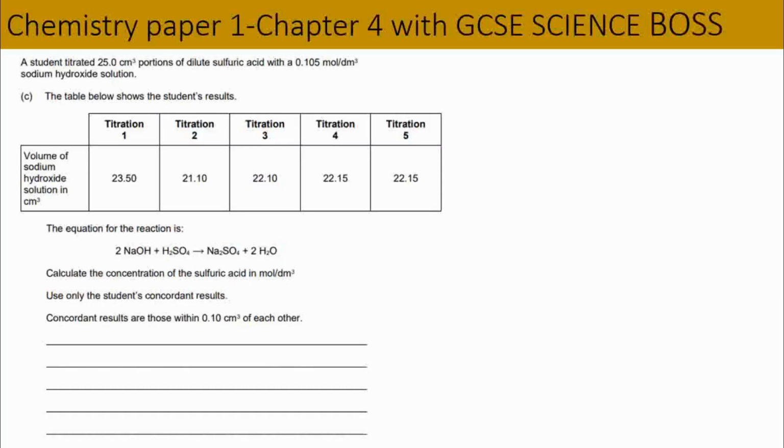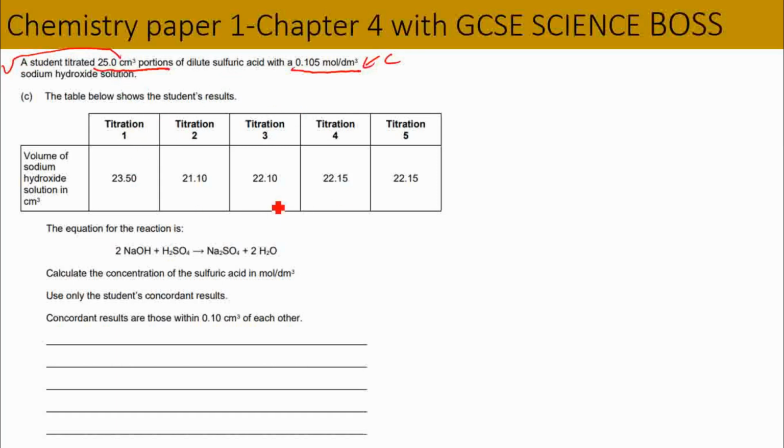Okay, but that's fine. Here's another type of question that could come up in terms of titration calculation. A student titrated 25 cm cube portions of sulfuric acid with, and they're now giving you the concentration. So this is the concentration, this is my volume.